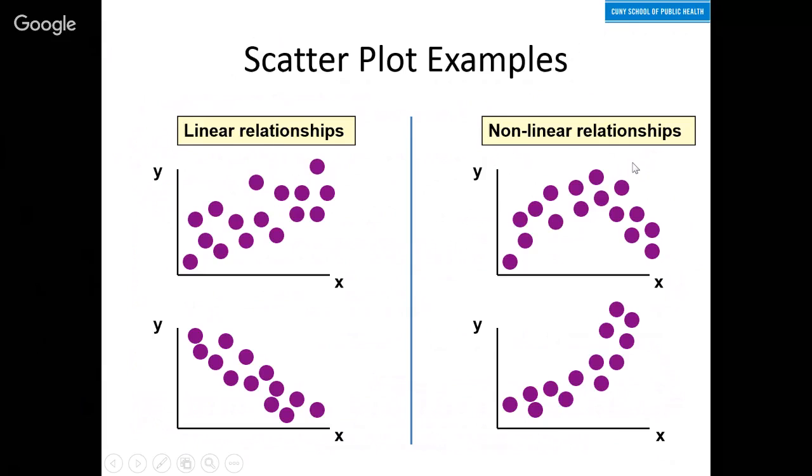Just out of curiosity, are there methods for describing those kinds of relationships statistically? There are methods. The simplest method in this case would be a polynomial regression, a multiple regression where X is a predictor, but also X squared is a predictor, and that would help you identify this parabolic relationship.